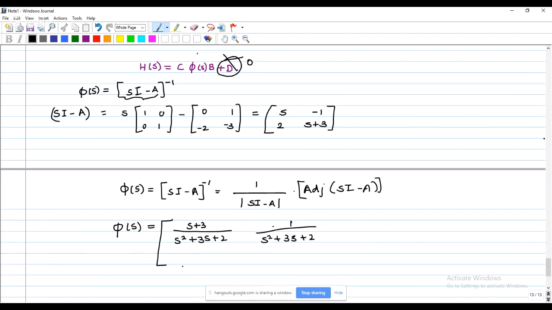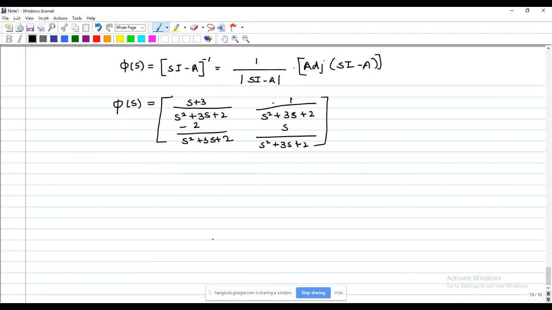Here we have minus 2 upon S square plus 3S plus 2. And here we have S upon S square plus 3S plus 2. This is what the equation will finally turn out to be.